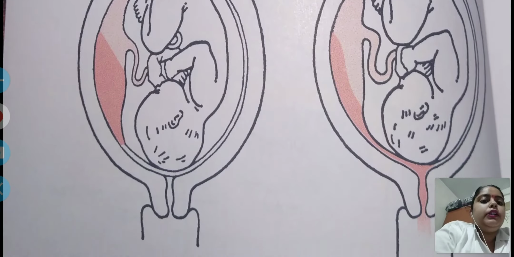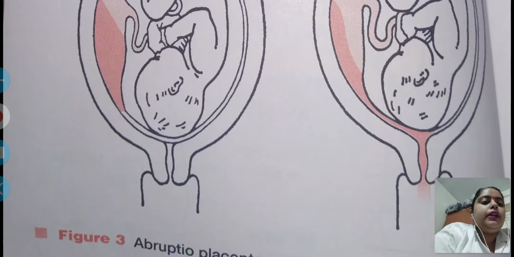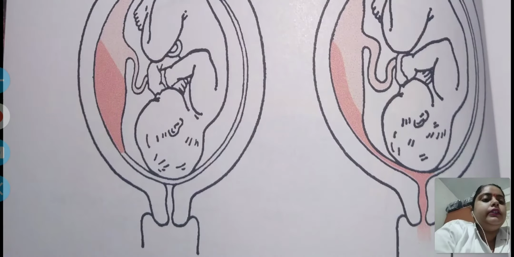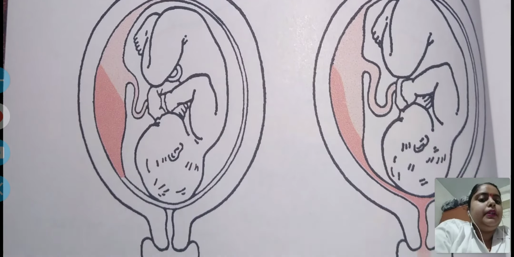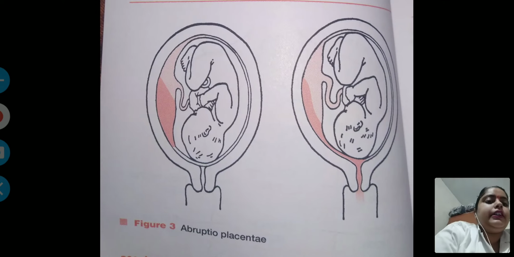Normally the placenta will not be disrupted, but in abruptio placentae the blood may come out from the vaginal area, which may cause fetal distress.